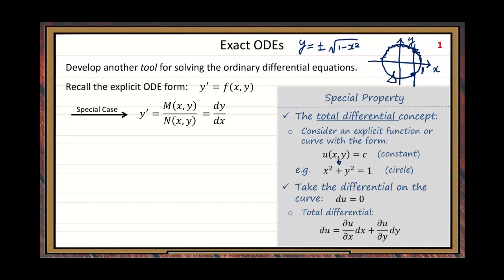What's that? du equals, using partial derivatives, partial u over partial x times differential dx plus partial u over partial y times dy.